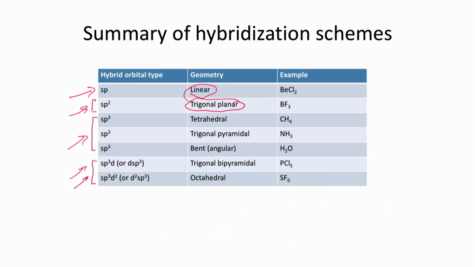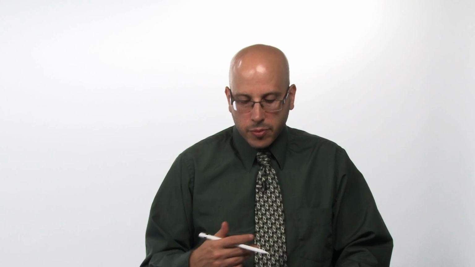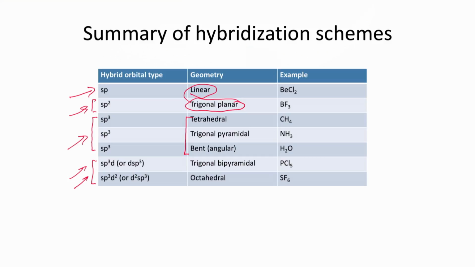Things that are sp3 are in the tetrahedral family, so it could be tetrahedral or trigonal pyramidal or bent, depending on how many bonded pairs and how many non-bonded pairs there are. Things with 5 bonds or dsp3 hybridization tend to be trigonal bipyramidal. And finally, things with 6 bonded pairs tend to be octahedral.